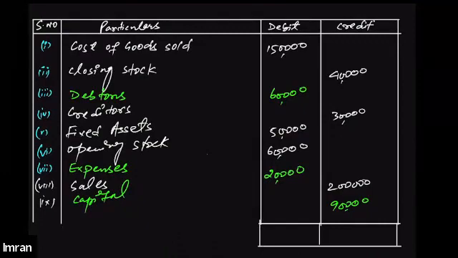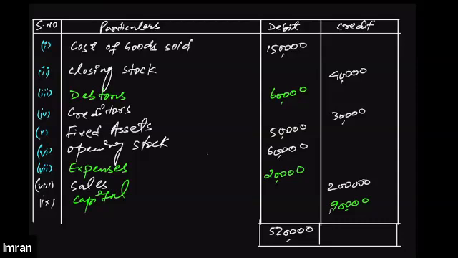Now we need to total this, and totaling it, we get 60 plus 60, 1,20,000, 2,20,000, 3,70,000, 4,20,000, and 5,20,000. And here on the other side, 4 plus 13, 2,70,000 and 90,000.